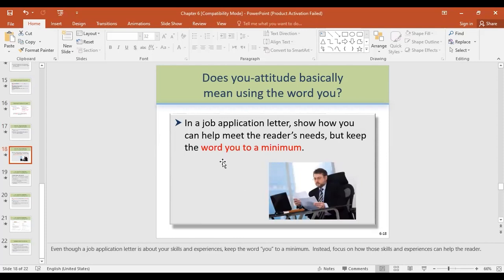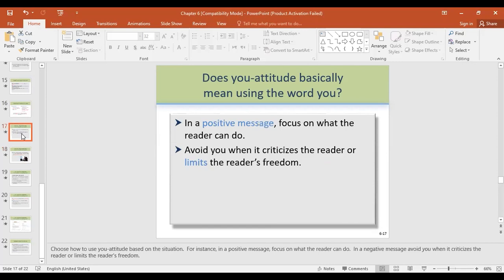Show how you can help meet the reader's needs, but remember to keep the word you to a minimum. So in a positive message, focus on what the reader can do.